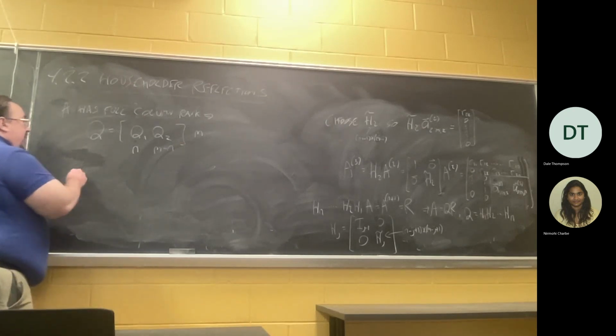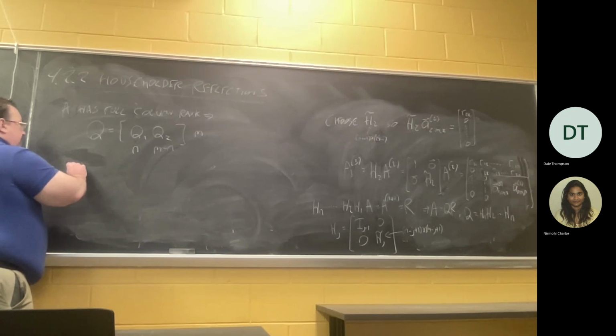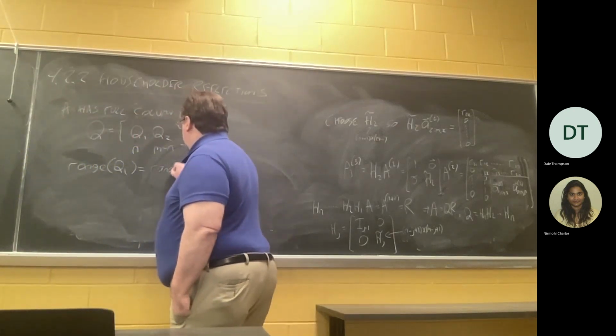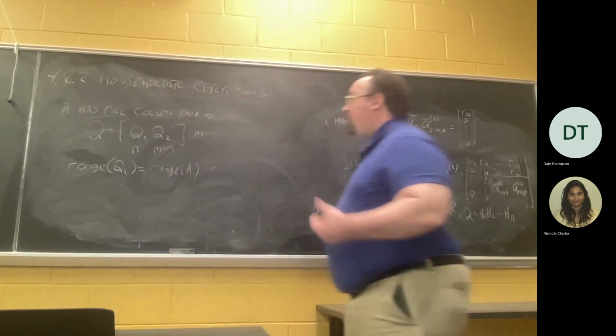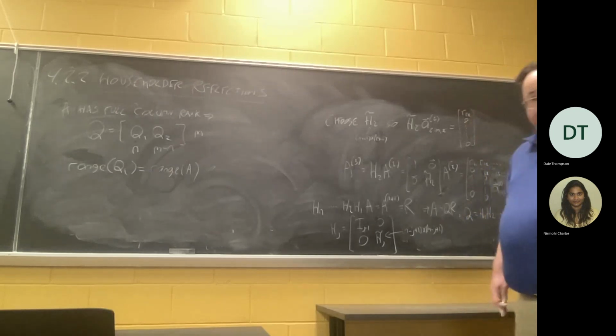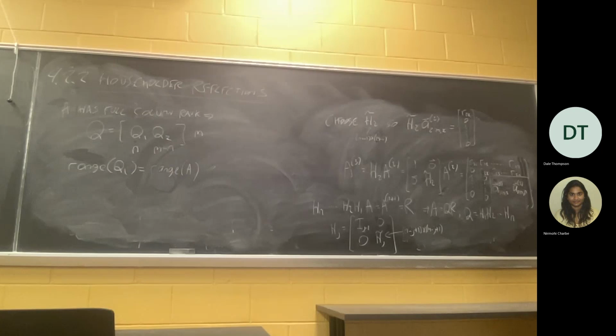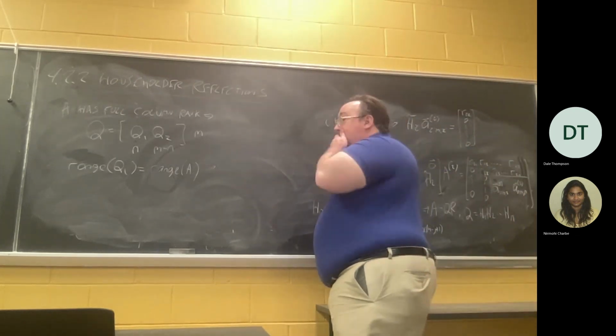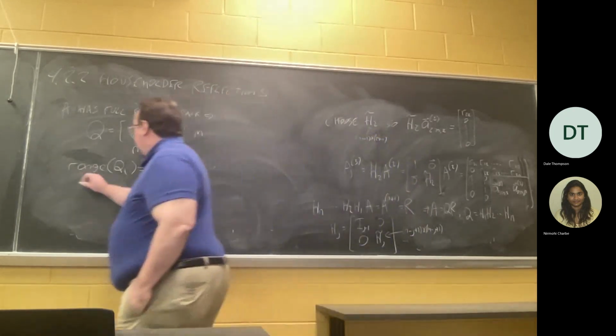So the range of Q1 is the same as the range of A. So the columns of Q1 form an orthonormal basis for the range of A. What about the range of Q2?